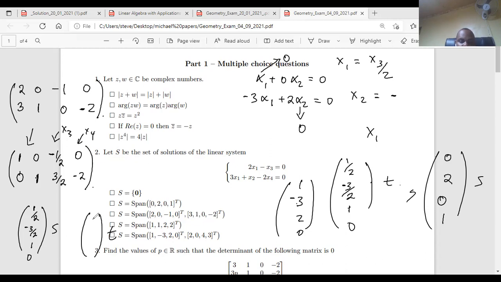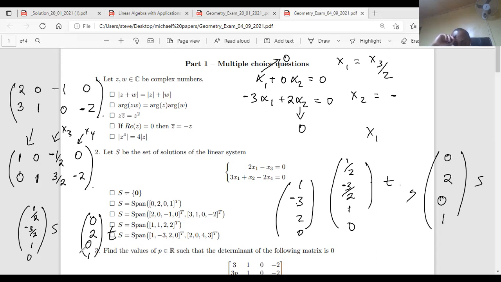This one has nothing to do with x4. At least x2 has something to do with x4. And then x3 has nothing to do with x4. I'm getting the same, 0, 2, 0, 1.